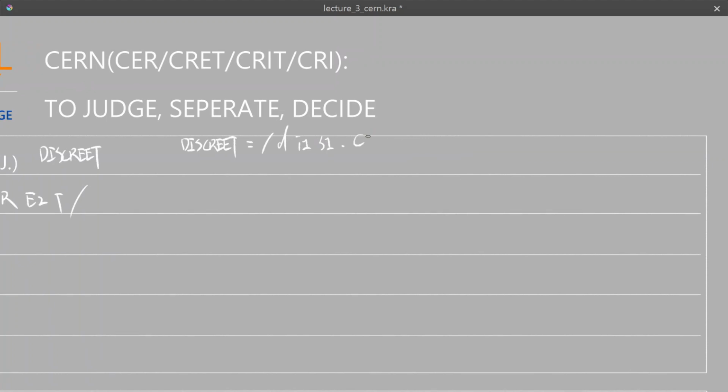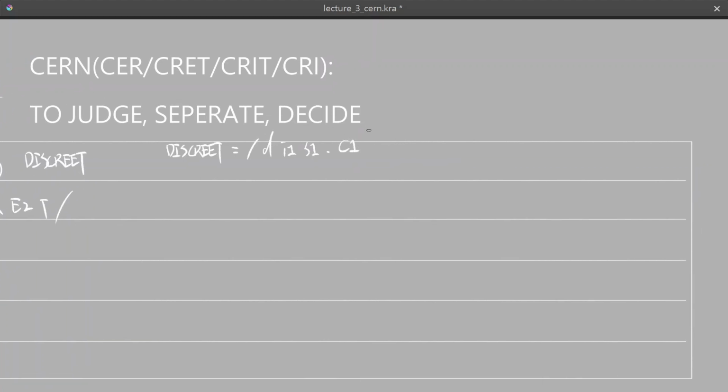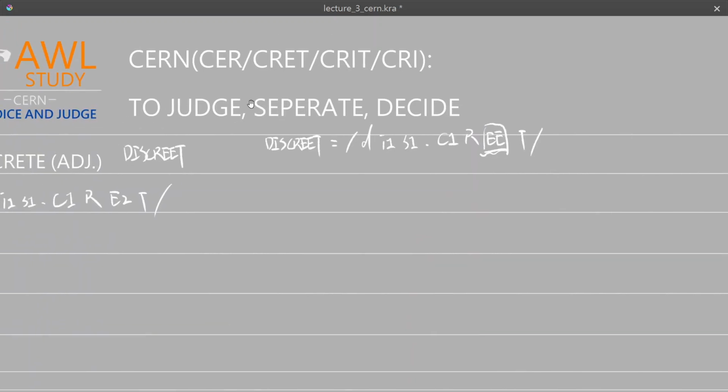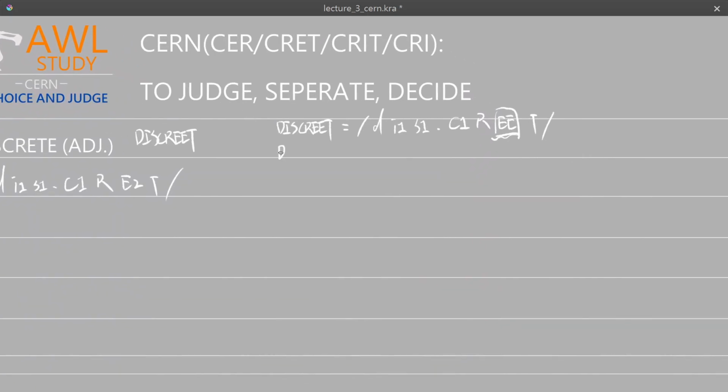The stress is on the second syllable. That's double E. So that's the phonogram double E. But this one is creed.